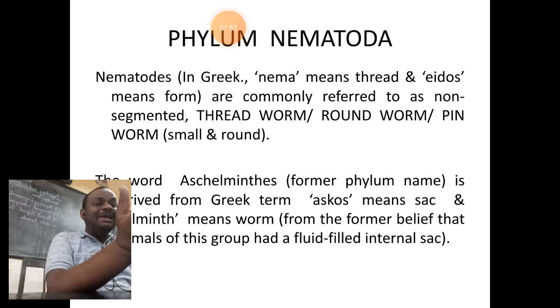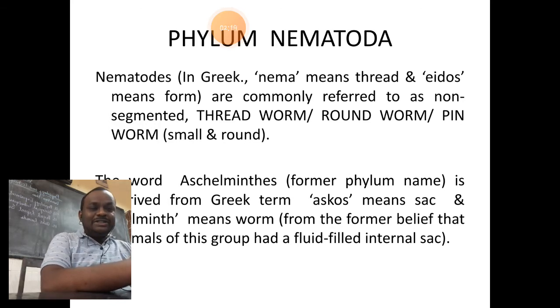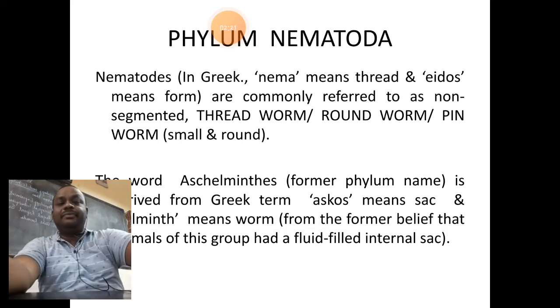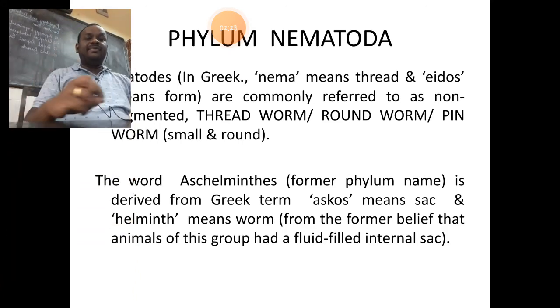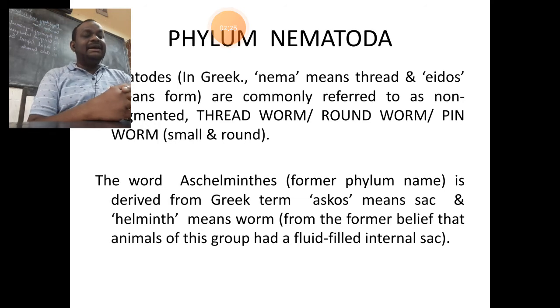A former belief was that these worms looked like elongated sac-like structures which were internally filled with some fluid matter. Hence they were named sac-worms. The Greek term then used was Aschelminthes, where askos means sac, helminthes means worms.